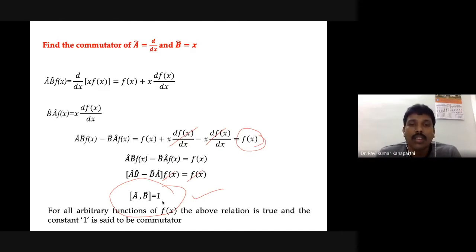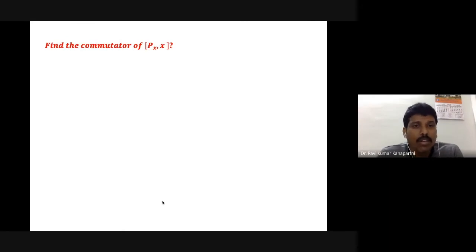Had the quantity been 0, then we could have said that these two operators commute with each other. Now let us move on and find one more commutator, one more problem.